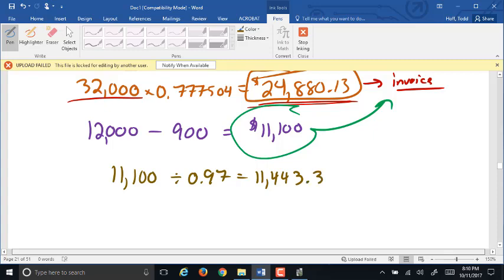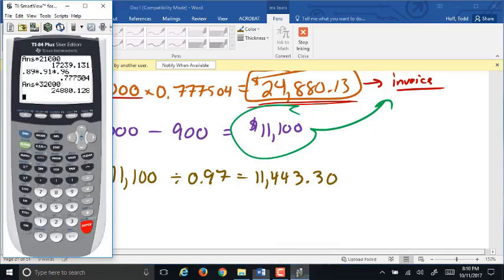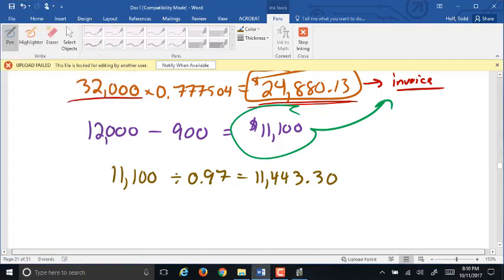11,443.30. We've got to go to 2 decimals because it's money. So it is right, 0.30. So that is the amount that's going to be our credit.